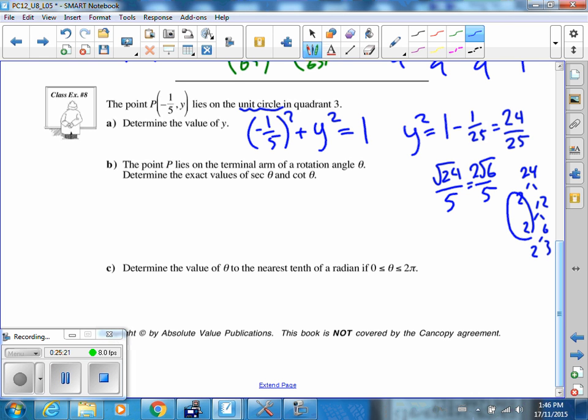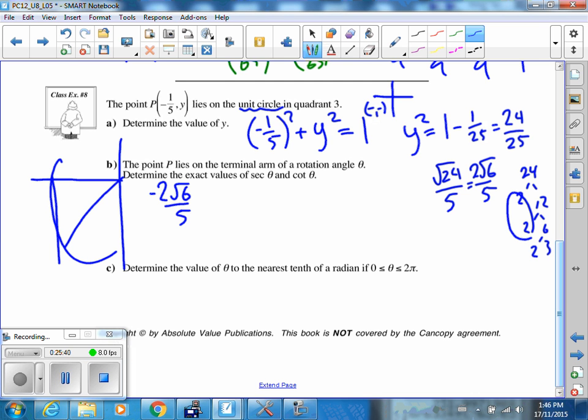And then in quadrant 3, it has to be negative. So in quadrant 3, x and y are negative. So negative 2 root 6 over 5. So if I were to draw this, it's going to look like that. Negative 1/5 and negative 2 root 6 over 5.